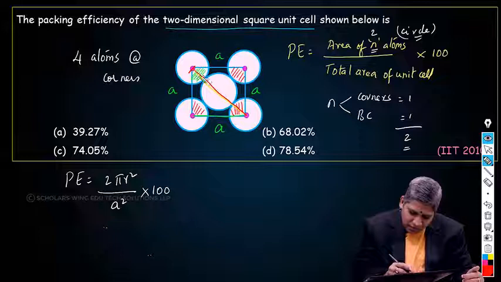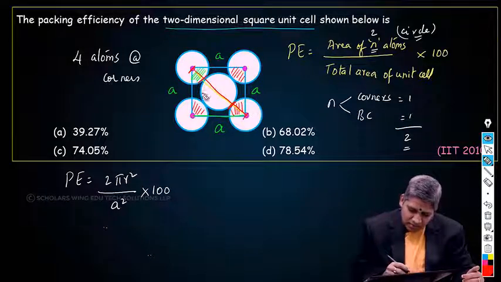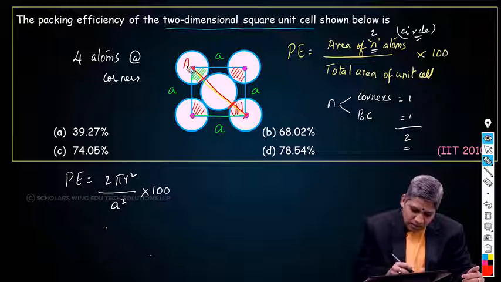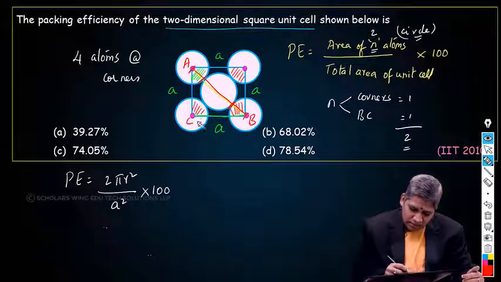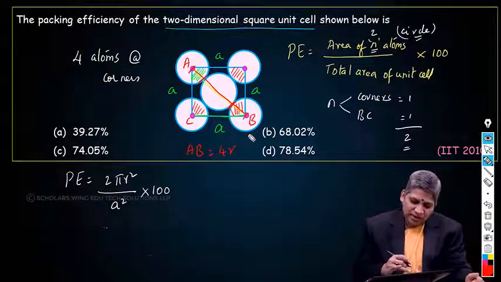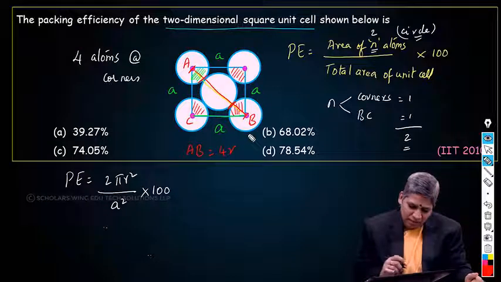Why? Because from here to here, this is the radius of this atom, and here to here, the radius of another atom. This is the diameter, that is 2r. So actually, this diagonal is 4r. If you call this A, B, C, here AB is the diagonal, that is 4r. In this right angle triangle ABC, this is the hypotenuse.